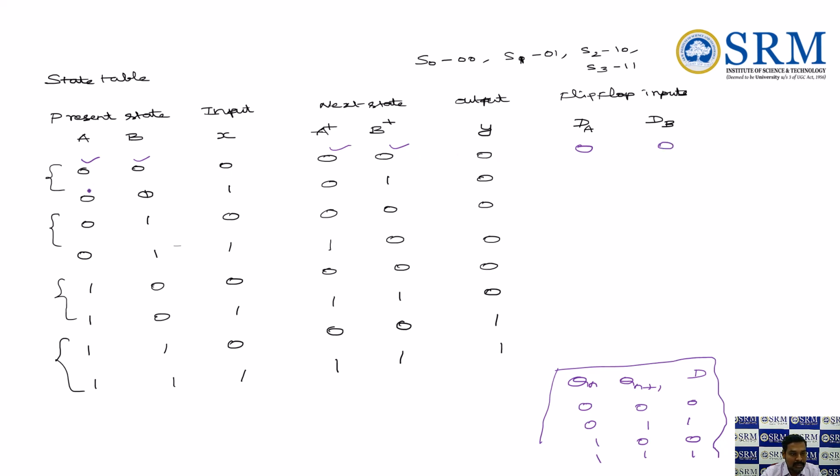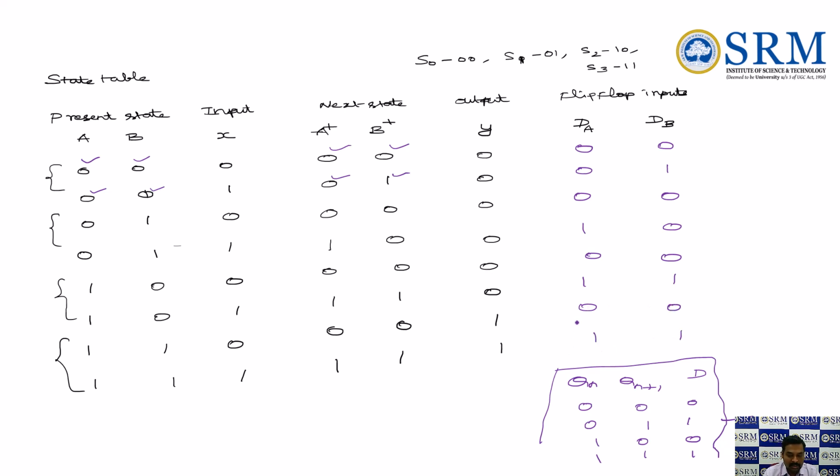Okay. Next, we'll compare A with A plus. 0 0 means it is 0. Next, compare B with B plus. If it is 0 1, then you can go to the excitation table second row. The output is 1. In a similar way, you can write all the flip-flop inputs: 0 0, 1 0, 0 0, 1 1, 0 0, and then 1 1.